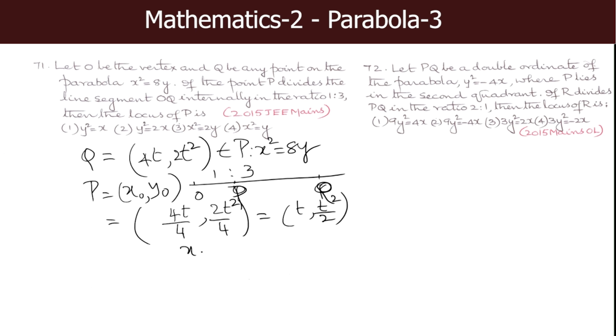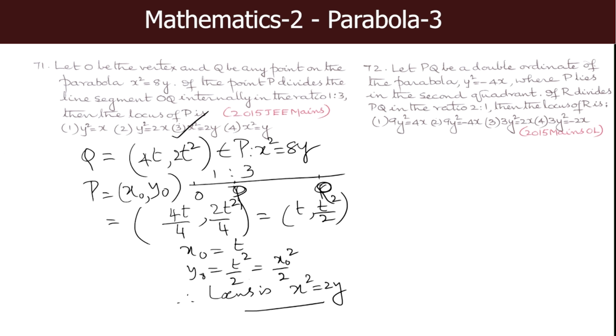So, x0 is t, y0 is t square by 2, that is equal to x0 square by 2. Therefore, the locus is x square equal to 2y. That is the parabola x square equal to 2y. 2015 JEE Mains.